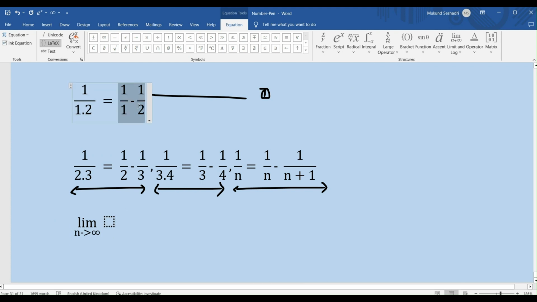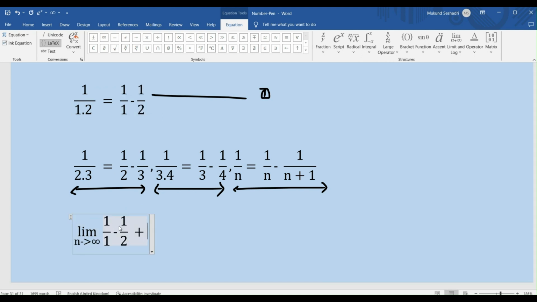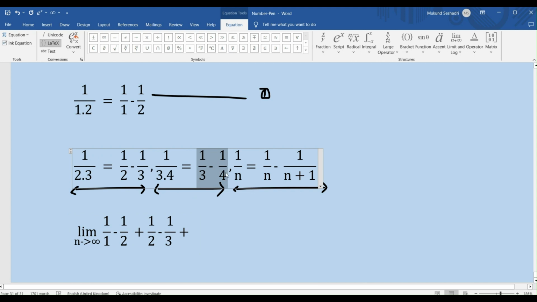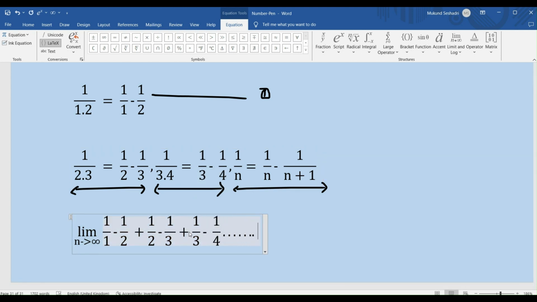The first term is 1 minus 1 by 2. The second term is 1 by 2 minus 1 by 3. The third term is 1 by 3 minus 1 by 4. And likewise I go on writing this until n tends to infinity, which is represented by 1 by n minus 1 by n plus 1.